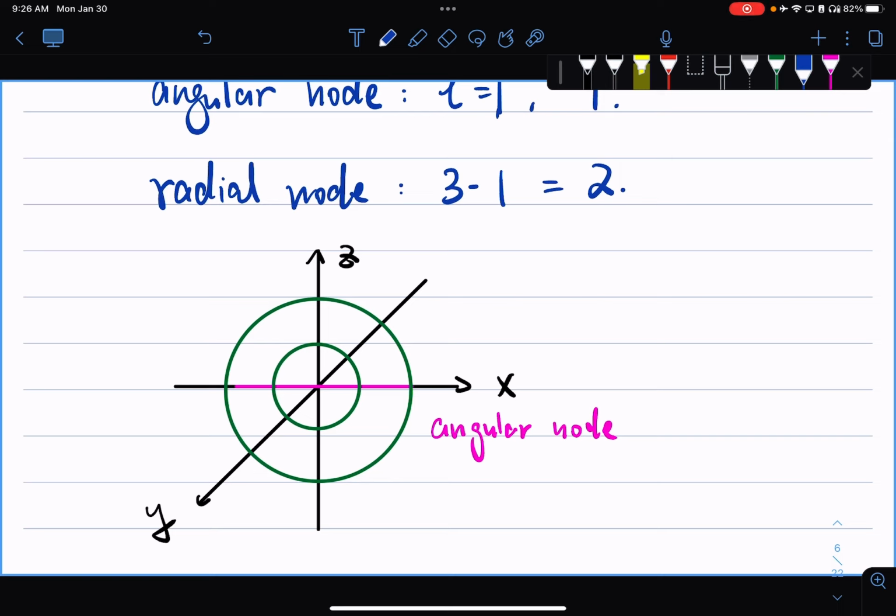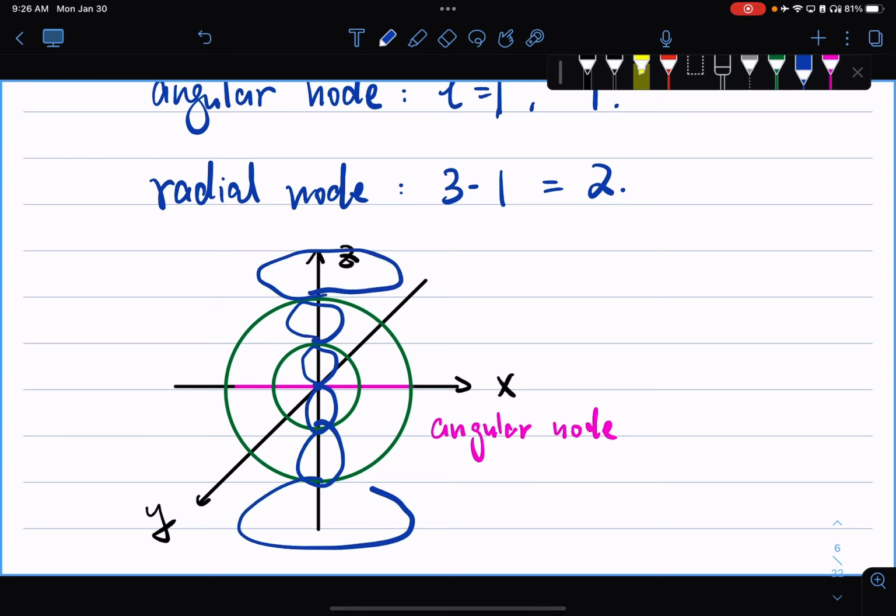And then we draw our atomic orbitals accordingly, inside and outside these node planes. And then we add the shading in. Whenever there is a node plane, it changes the shading. So shaded, not shaded, shaded, not shaded, and also on the top.